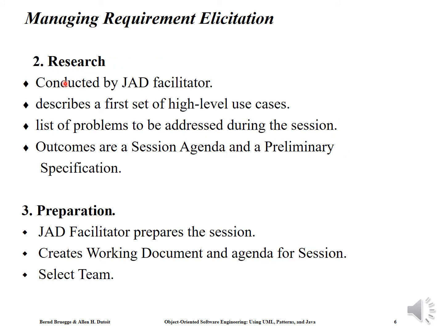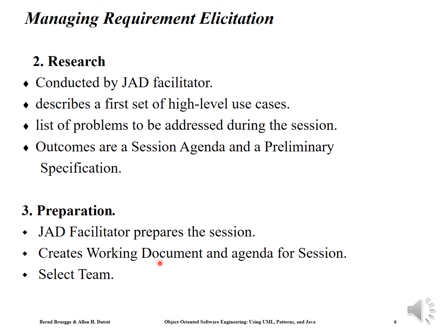Then the research activity conducted by the JAD facilitator. In this, high level use cases are identified and a list of problems that will be addressed in the session activity. The outcome will be the session agenda and preliminary specification. After that, the preparation activity, in which the JAD facilitator prepares the session.